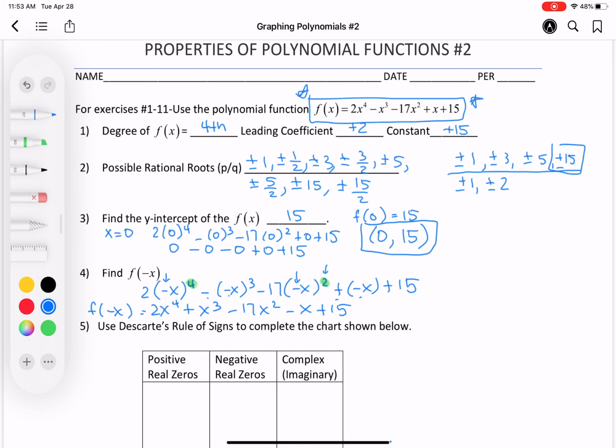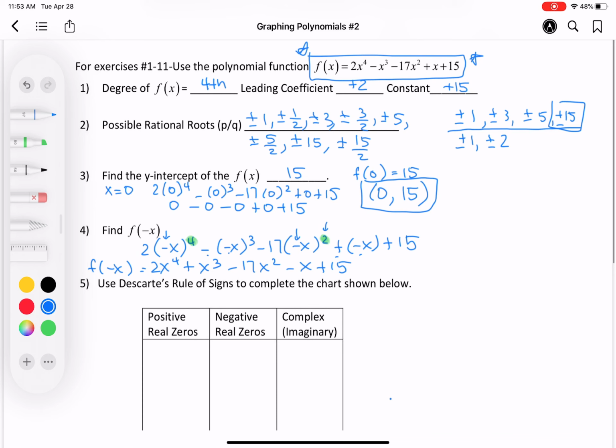Okay, now we're going to use these two to use our Descartes' rule of signs. So there was a reason why we did this. So this is our original function. Okay, and our f of negative x.